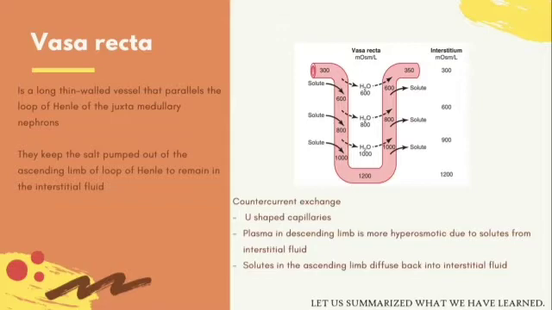Due to solute entry from the interstitium and water loss, it begins at 300 milliosmoles per liter and progressively rises to 1,200 milliosmoles per liter at the tip, and reverts back to 300 as it goes up. This results in a large amount of fluid and solute exchange. This U-shaped structure helps minimize loss of solute from the interstitium.